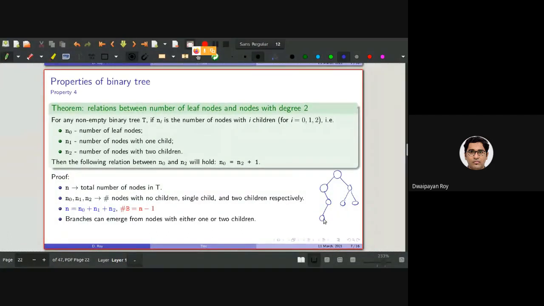There are three leaf nodes here, this one, and this one. And the branches cannot start from these three nodes. Here the total number of nodes is 7, and the number of branches, as you can see, is 6.